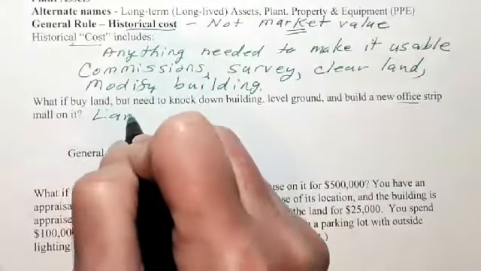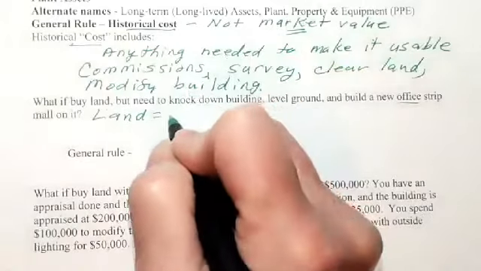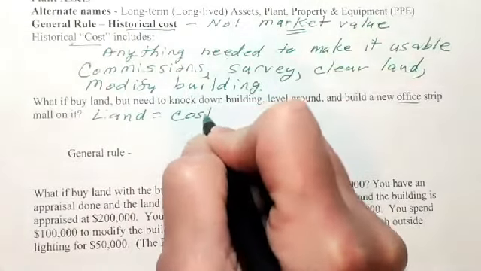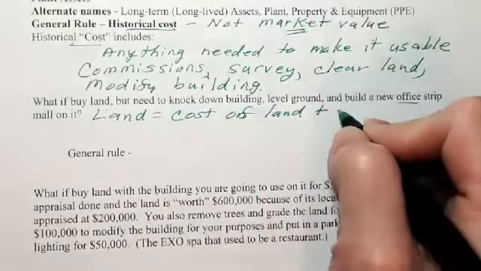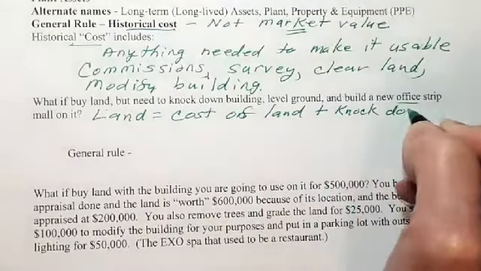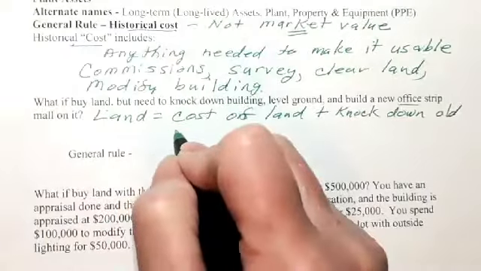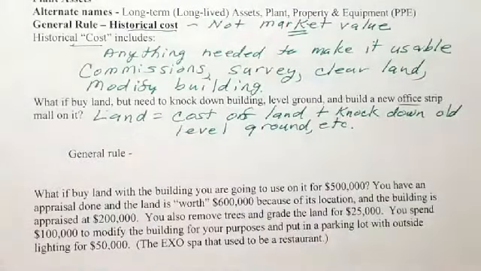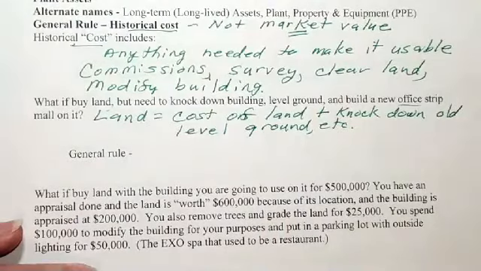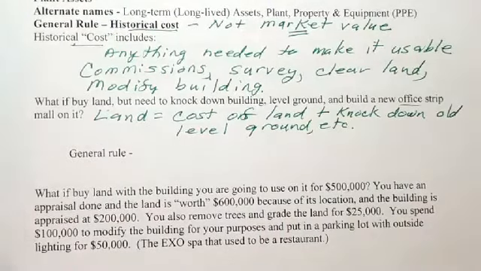The cost of my land here is going to include the actual cost that I spent on it, plus what you spend to knock down the old one and grade the land, level the ground, sewers if you have to, do a survey, all that stuff goes into the cost of the land.